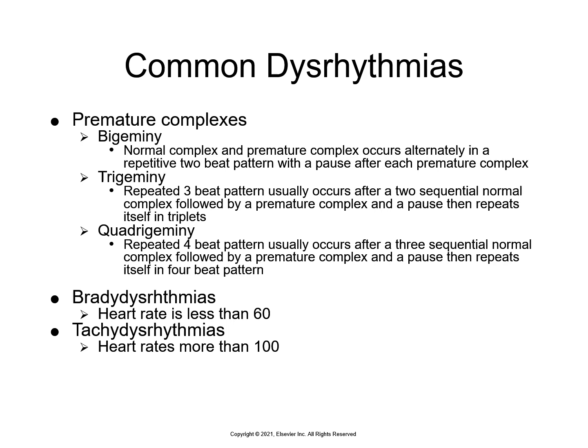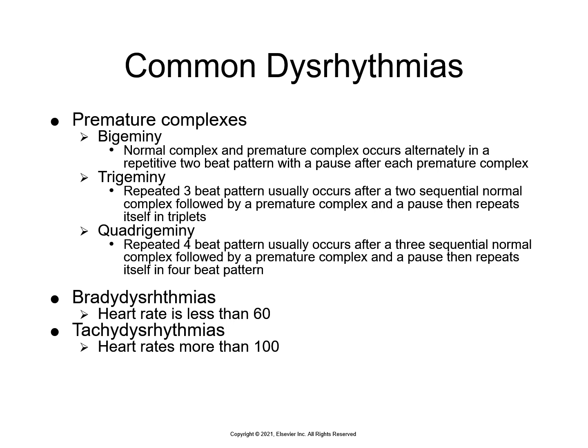And that's exactly what it says. There's a repetitive two-beat pattern in bigeminy. It's repeated 3 times in trigeminy and then 4 times in quadrigeminy. So it's every second beat, every third beat, or every fourth beat. Those are premature complexes.